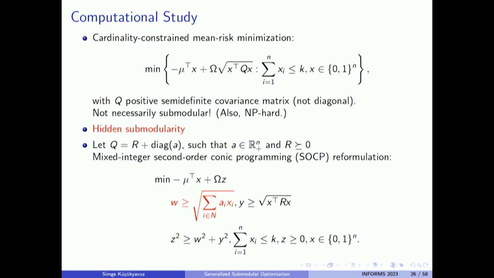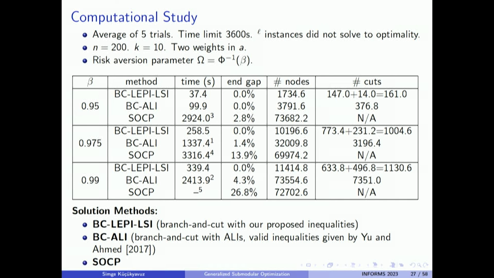And then I will compare this formulation that I can enter into Gurobi already, which is the state-of-the-art solver that can handle this, with adding the inequalities that I've been talking about. So here is a summary of our computations. Each row is the average of 5 trials. We have a time limit of 1 hour.